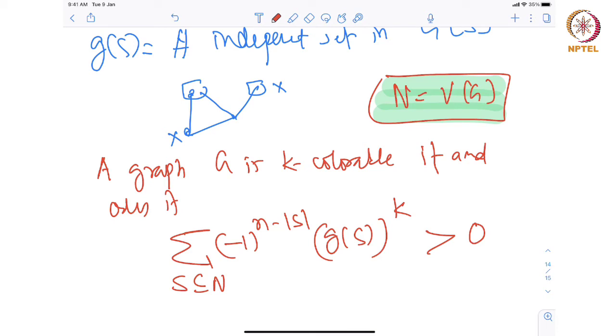And why are we talking about non-empty independent sets? Because you want V1, V2, V3, each of them to be non-empty.